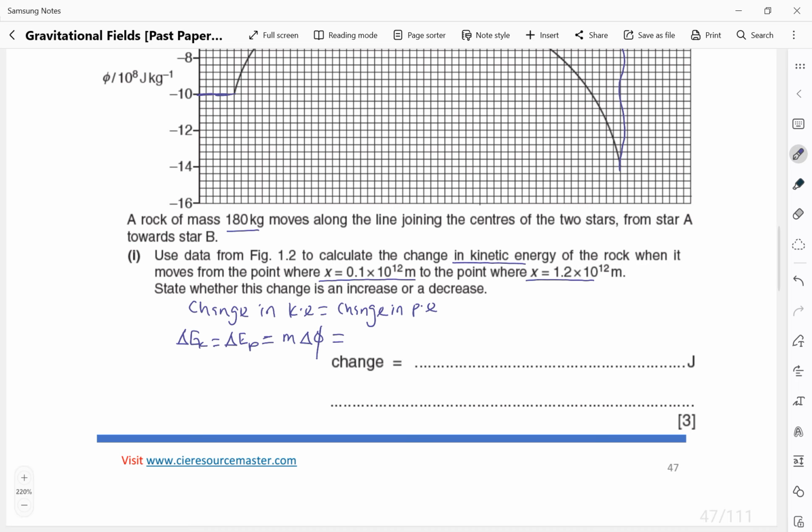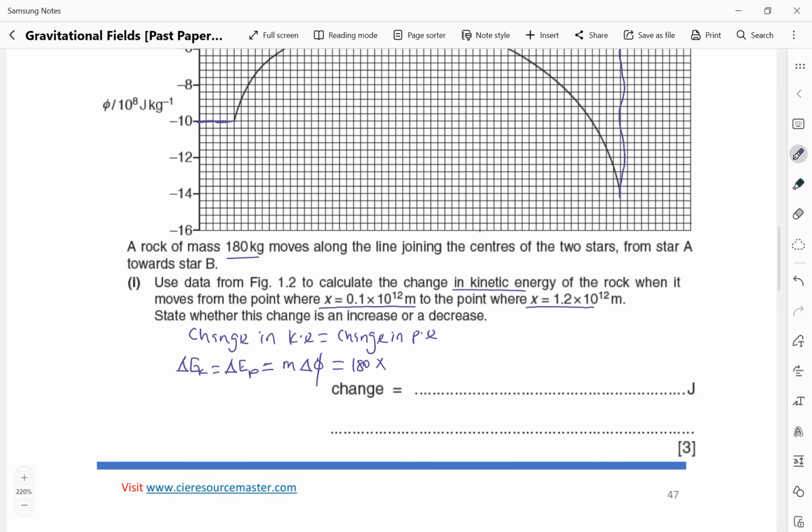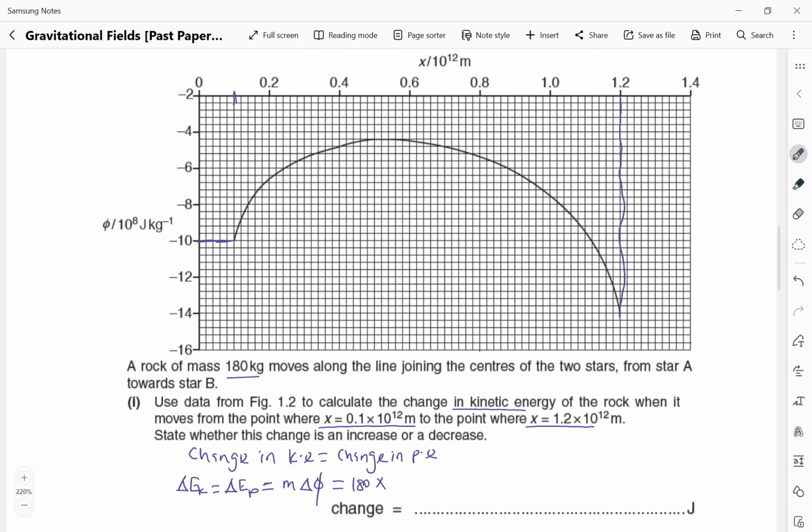And what is the change in potential between these? The mass, of course, is 180. The change in potential changes from -10, and what is the potential here?